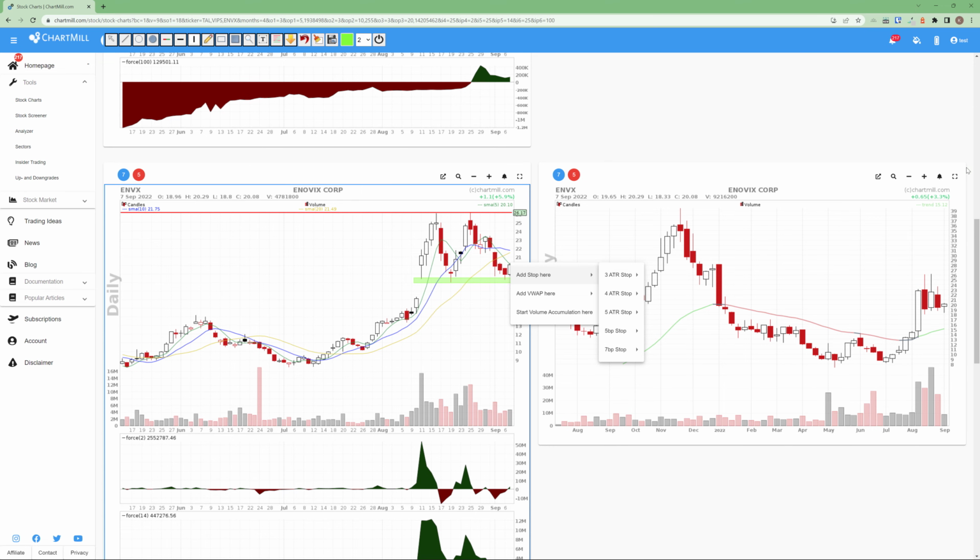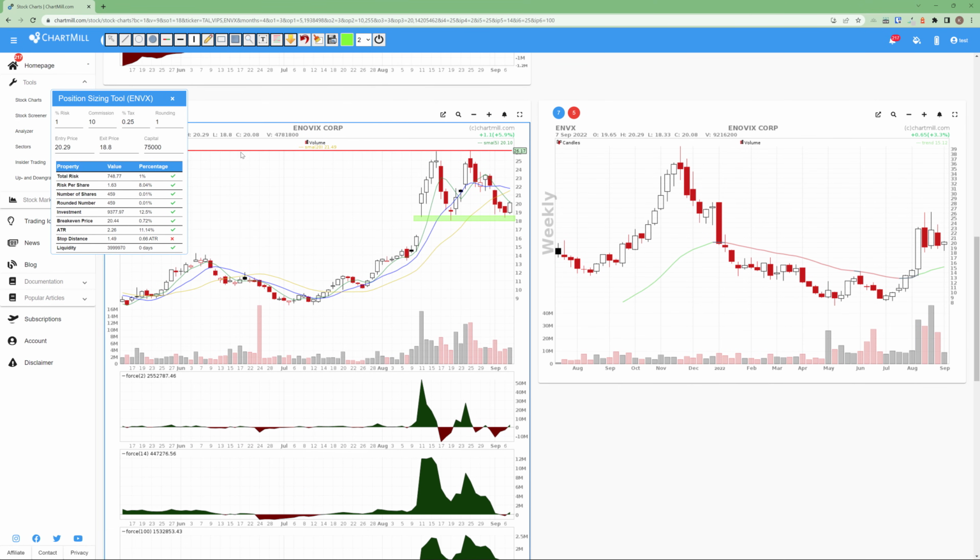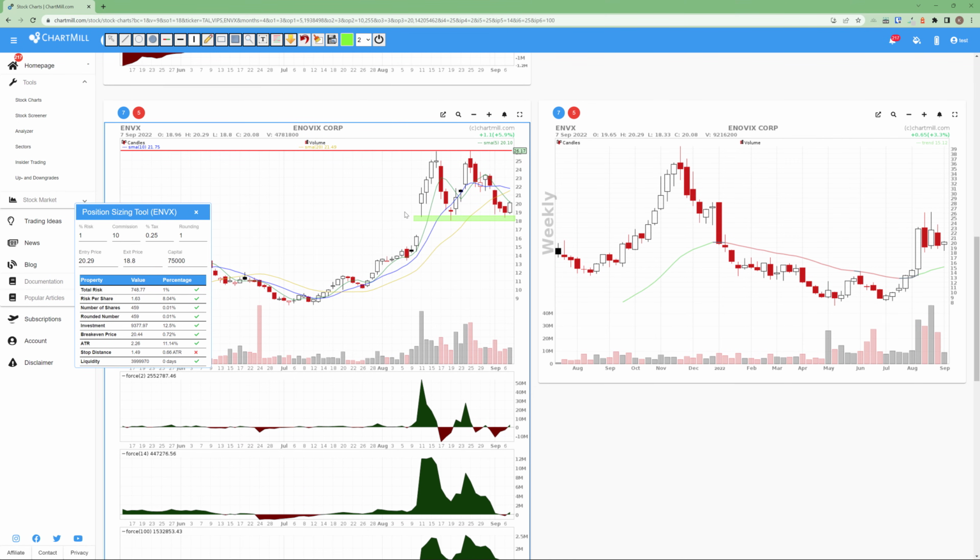So first of all, selecting the position sizing tool, and then right click, entry goes here, exit below the support level.